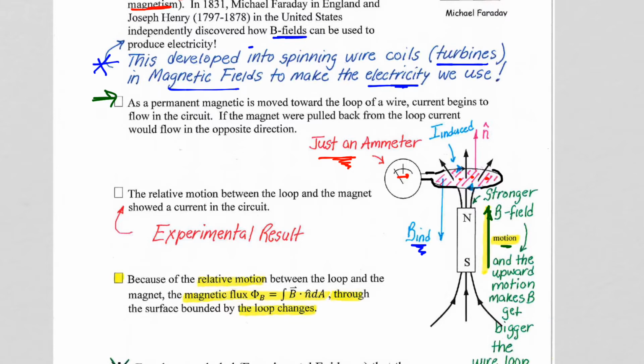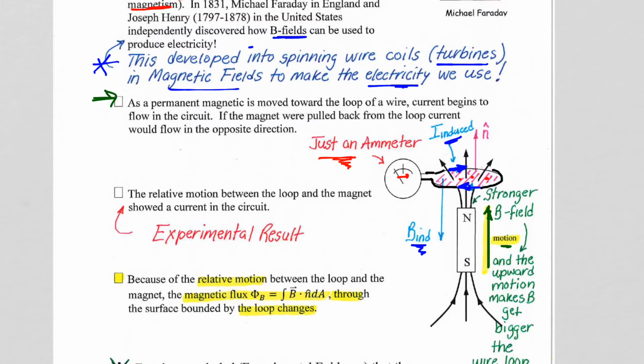So the electrons in the coil feel the changing B field getting stronger, and it wants to keep that from happening. So it is going to make a current. I know we don't know why yet, so we'll talk more about exactly what's going on as we go through this chapter.